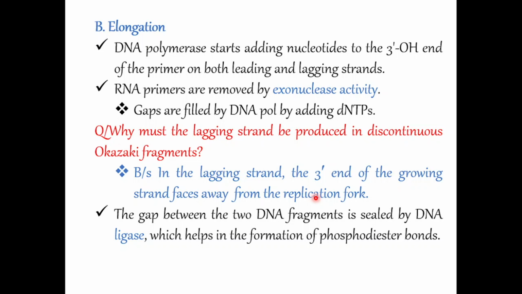So it is synthesized in a discontinuous manner, fragments are formed, and gaps will be formed. That gap is filled by the ligase enzyme, which helps in formation of the phosphodiester bond.